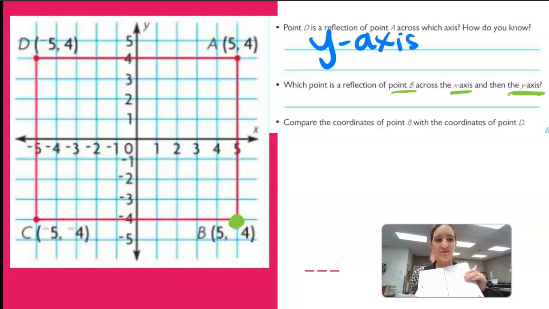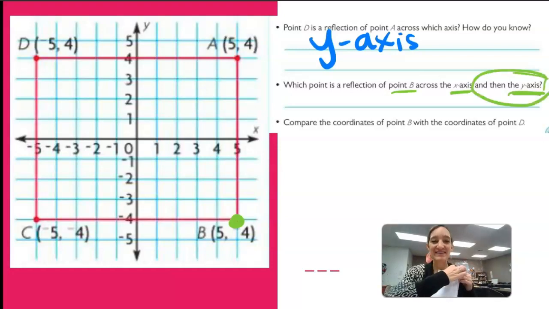So we need to fold the x-axis. So now when we fold it, we'll be in the first quadrant. But then it says, and then the y-axis. So now we need to fold the y-axis. And where is that going to put us? That's going to put us up here in quadrant 2.